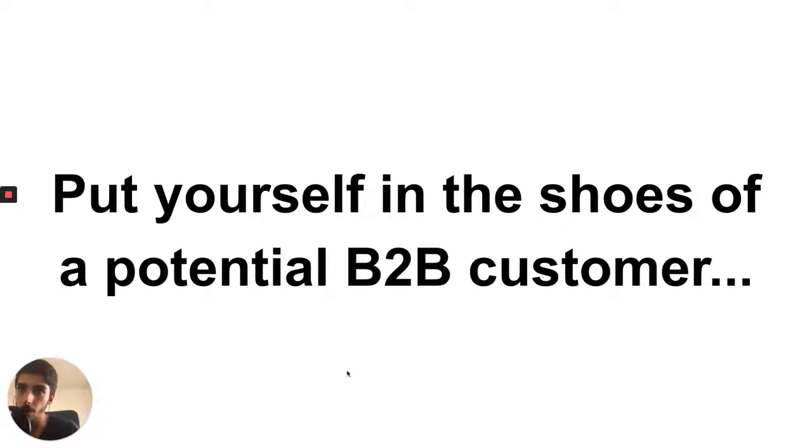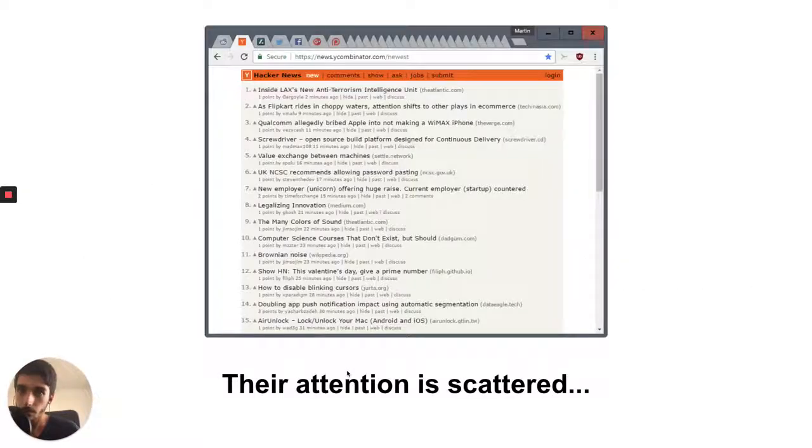So put yourself in the shoes of a potential B2B customer that is browsing out there for a solution for their problems. So one, their attention is scattered. If they are the decision maker, they have a ton of things to do, and they probably have a billion tabs open, and they're probably looking at a ton of stuff at the same time.